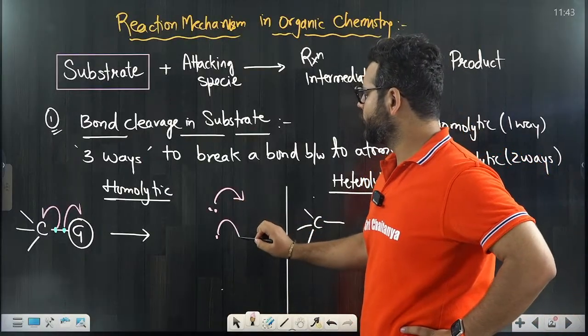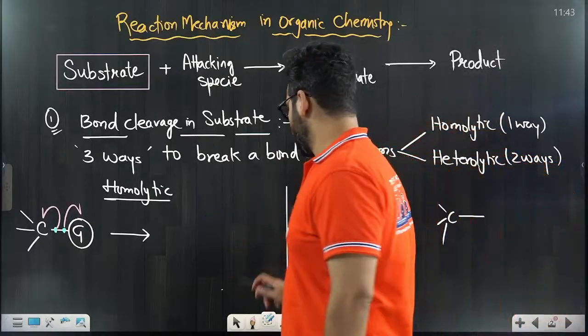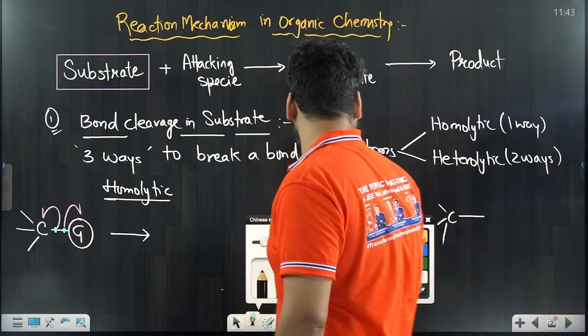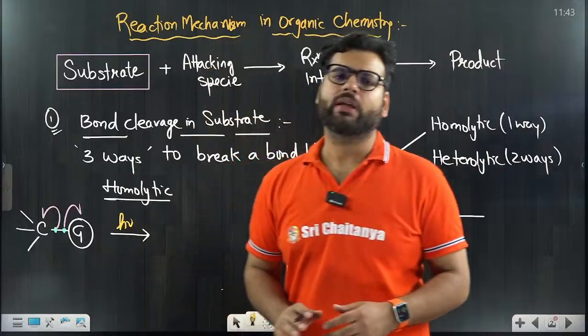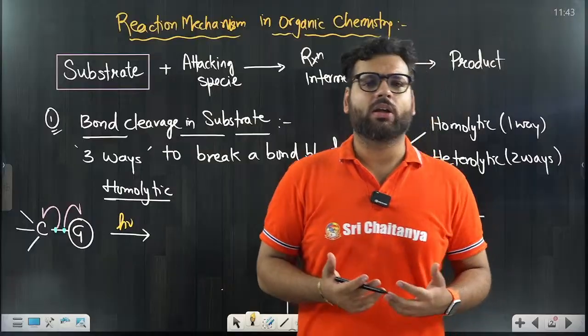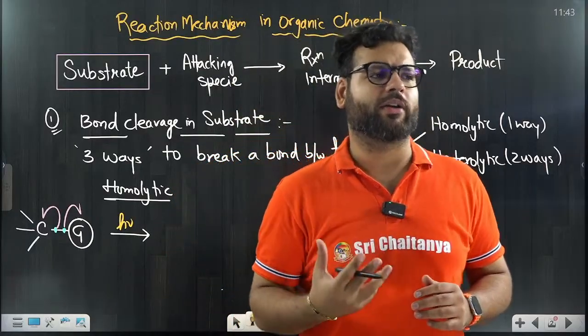Whenever 1 electron moves, you show a half arrow or fish head arrow. Keep it as a point that whenever you are doing a homolytic cleavage, always sunlight or heat will be mentioned. Sunlight h nu, E equal to h nu, Planck's quantum theory.